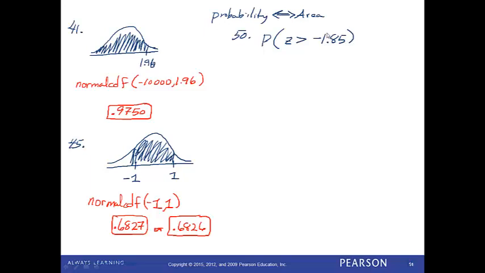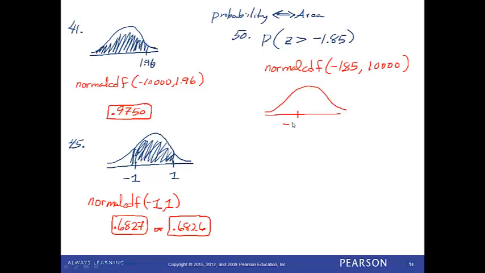Well, to do this, the first thing we're going to do is go to our normal CDF. We need our lower limit. Well, it says Z is greater than negative 1.85. So the smallest, or the far left, will be the negative 1.85. And since it's greater, it's going all the way to 10,000. If you need to, you can draw a bell curve.